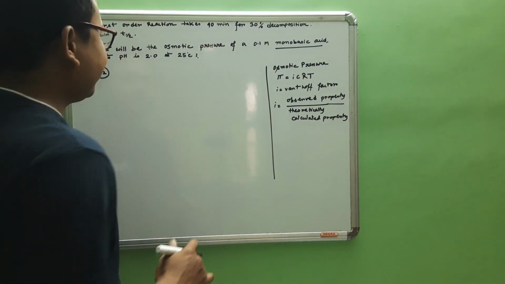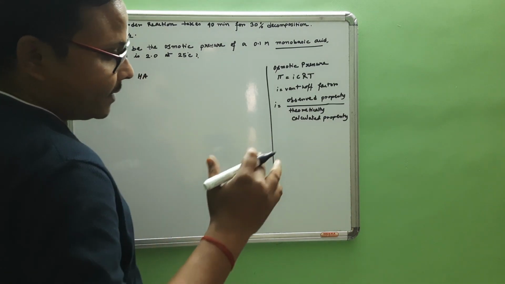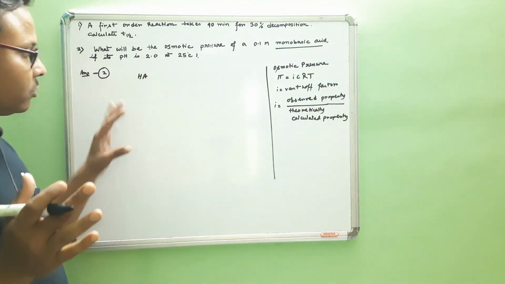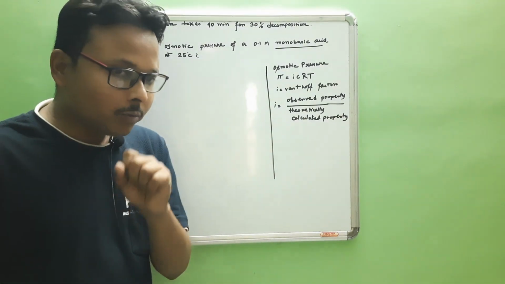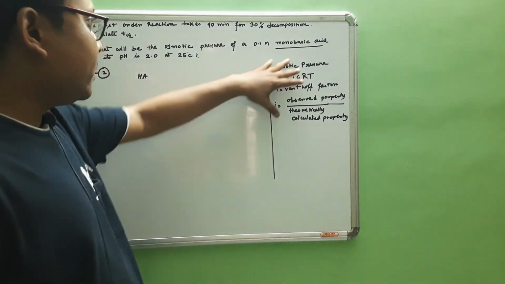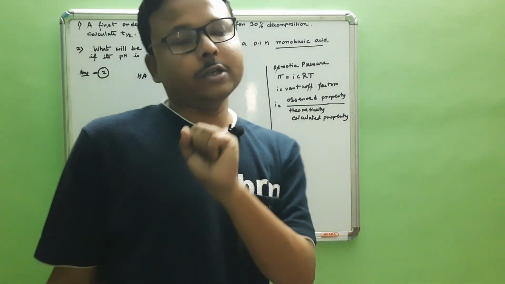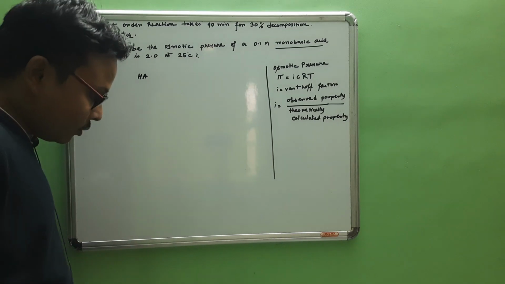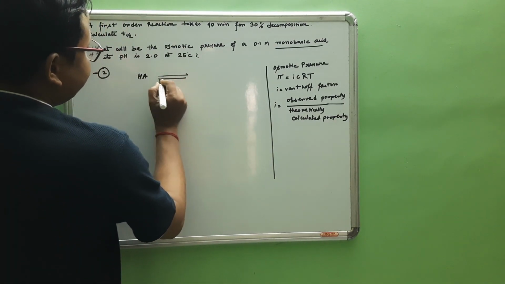So the monobasic acid we are taking as HA. HA is the monobasic acid. This is the way to write a monobasic acid, because mono means one. Monobasic acid means one molecule of the acid gives one proton in its water solution.